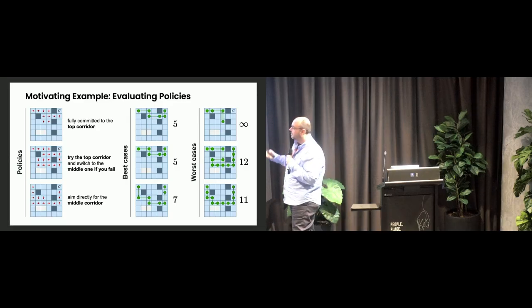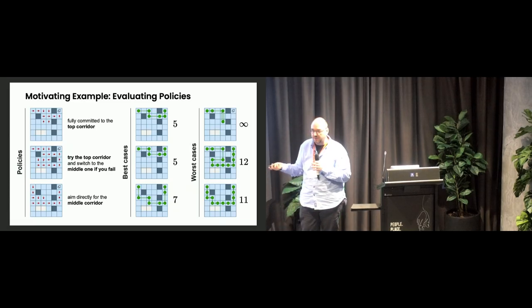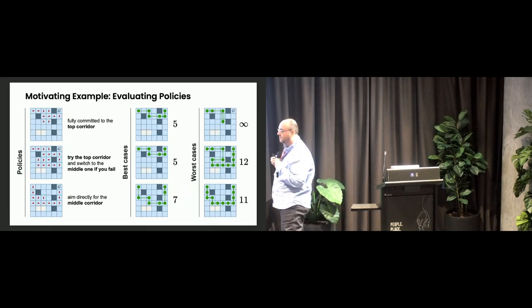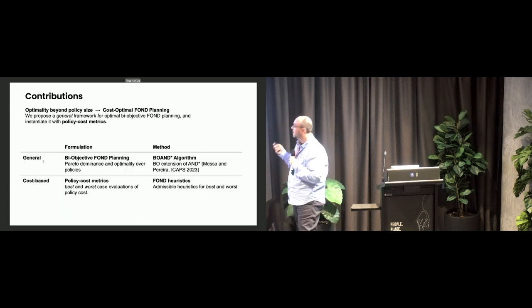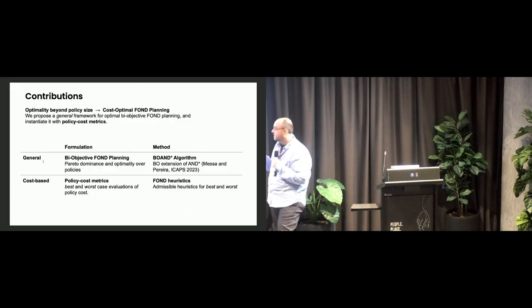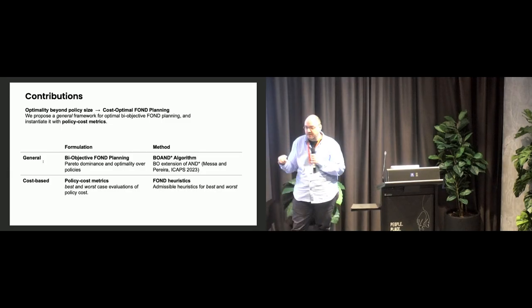So when you do this kind of reasoning, what you are actually doing is some sort of bi-objective optimization, and this is the reason why we decided to take this approach here. So the contributions of this work are twofold. On the formulation side, we present the bi-objective FOND planning task. This is general for any pair of metrics.